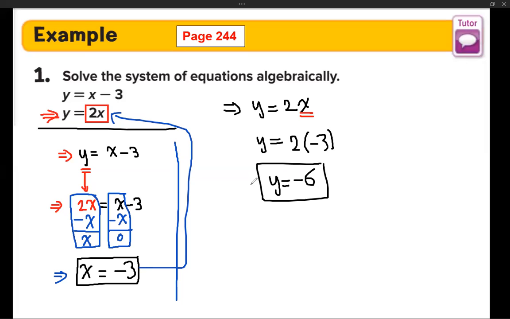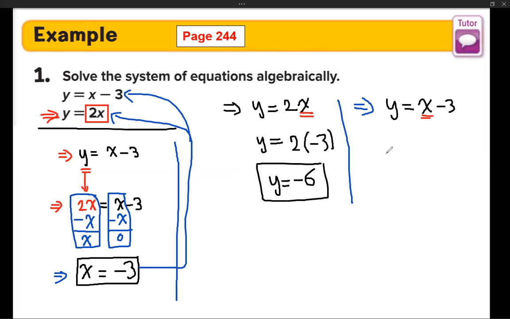But let's say that a student just wants to substitute in the first equation, not in the second one. Okay? How can he or she do that? You can just rewrite the first equation. The first equation is y equals x minus 3. Okay, and now instead of writing x, we know the value for x now. We know that x is equal to -3.